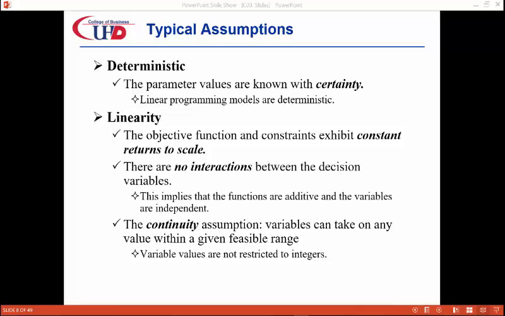Linearity is a more compound concept, which includes 3 aspects. The first one is proportionality. Mathematically, it means a decision variable in the objective function or any constraint function is multiplied by some constant parameter.